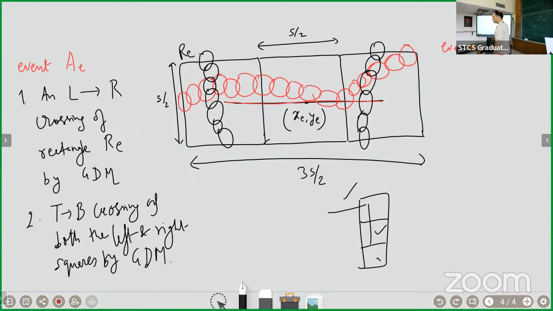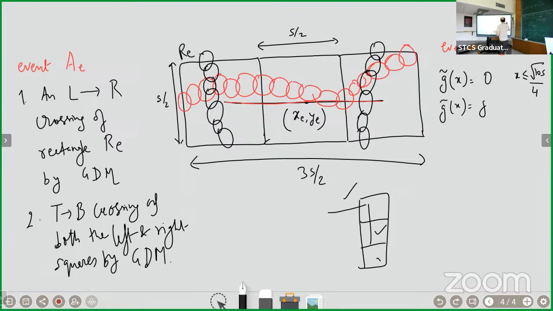That's what I'm going to define as event B. Before that, let me define a transformation of my G function.